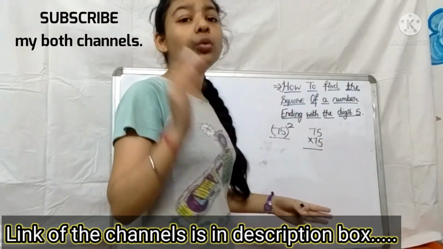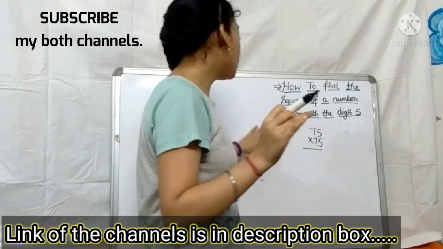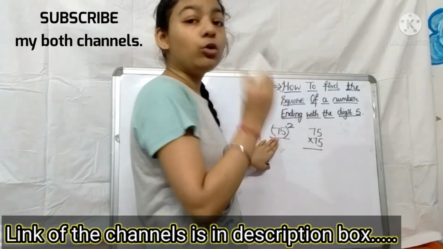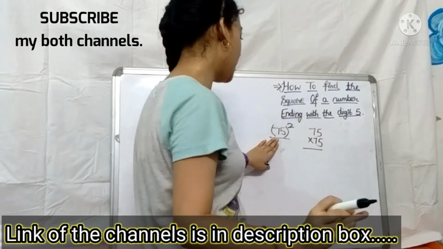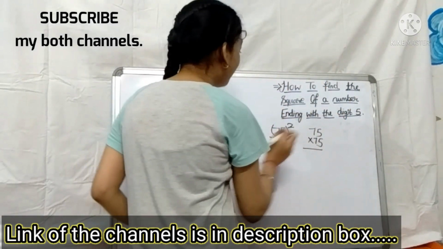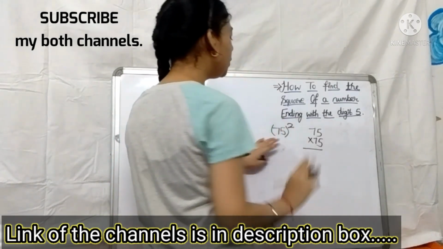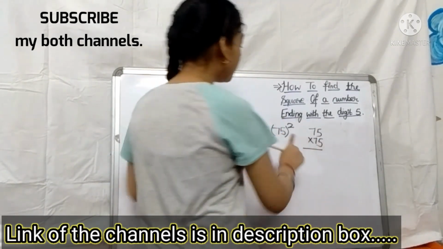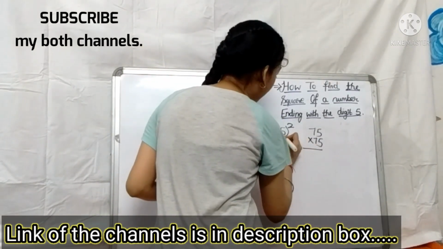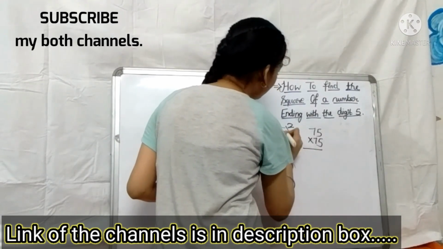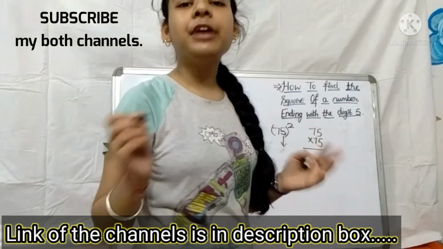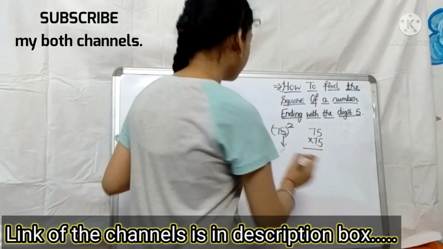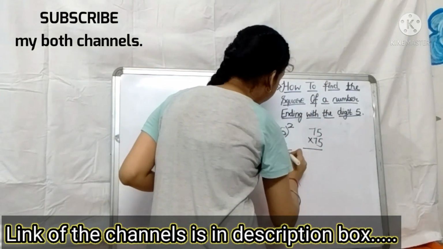Instead of it, within 20 seconds we are going to find the square of 75 very easily. What we have to do is very simple, two steps. First step: this is 5, and we are going to square the 5, and the square of 5 everybody knows is 25.